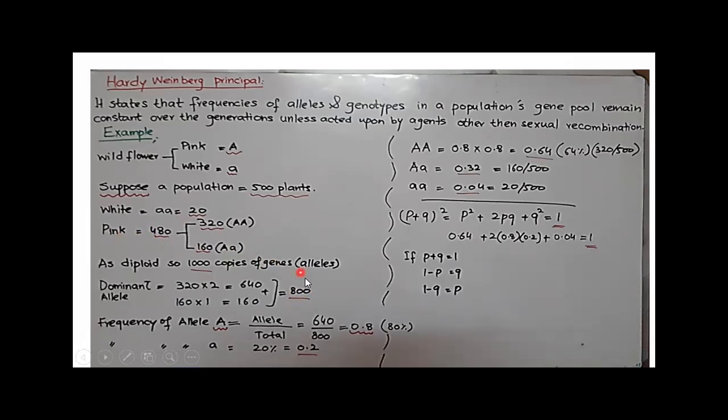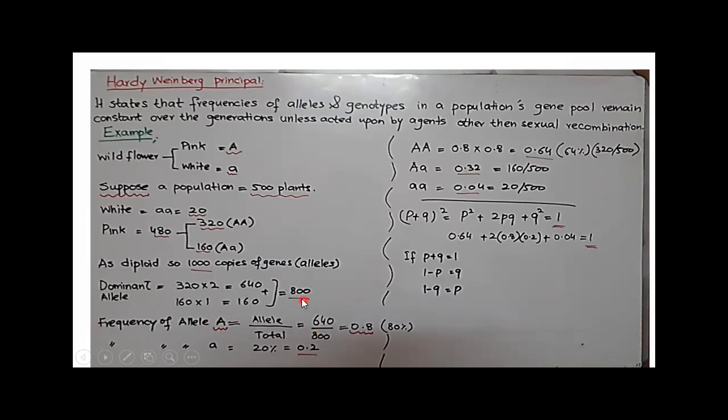So we are considering the ratio of homozygous or heterozygous out of 800 pink flowers. So the frequency of allele capital A is the number of that allele out of total. That is 640 in the case of the dominant homozygous, that is 640 out of the total.